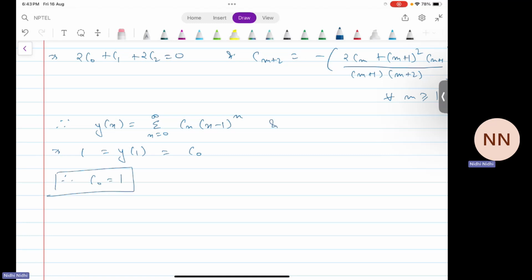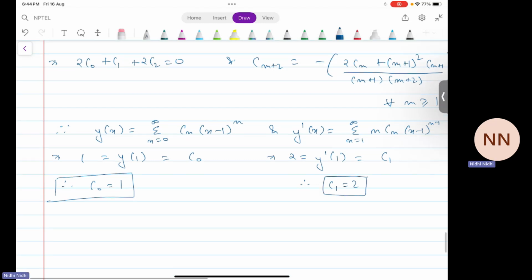And what was y dash? y dash x is summation n from 1 to infinity n Cn (x minus 1)^(n minus 1). And the initial condition that we had, 2 is equal to y dash 1, and y dash at 1 is just C1. Therefore, C1 is 2. Now we have C0 and C1.